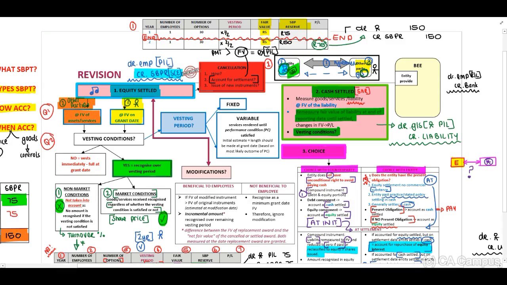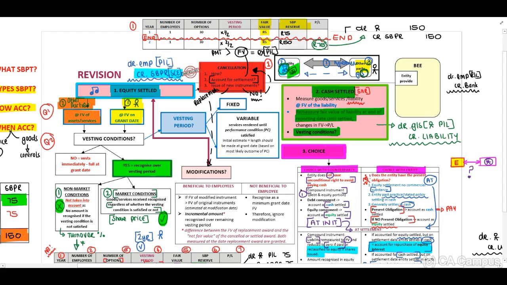Therefore, if there is a replacement, this will be treated as a modification. Then, when there is no issue of new shares, no replacement, you need to treat this as a normal cancellation where you will have to accelerate vesting.